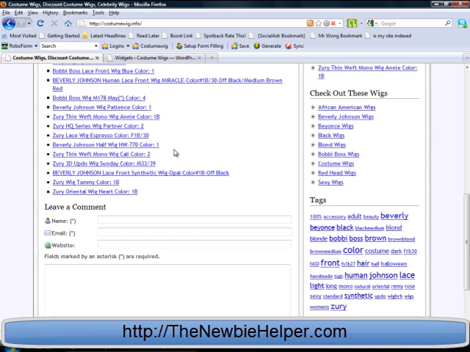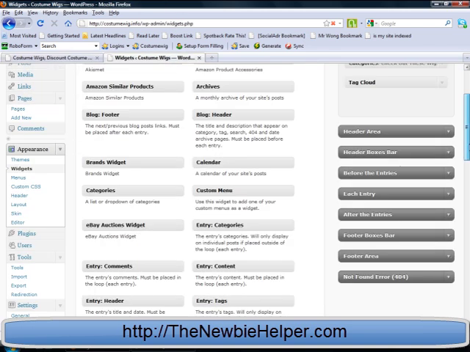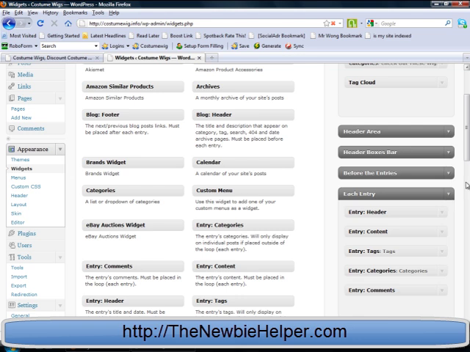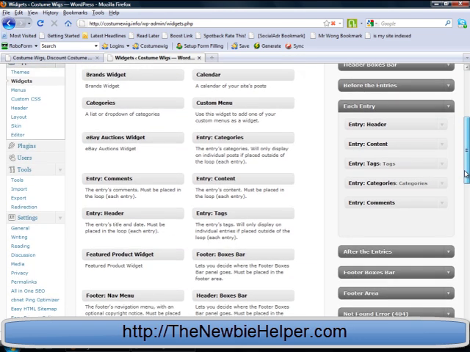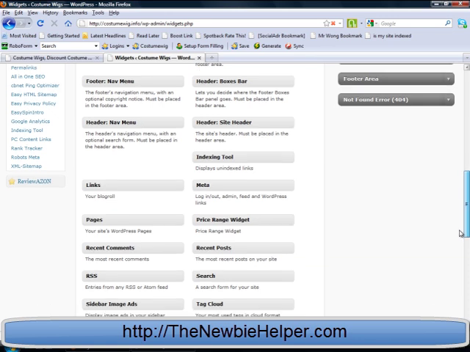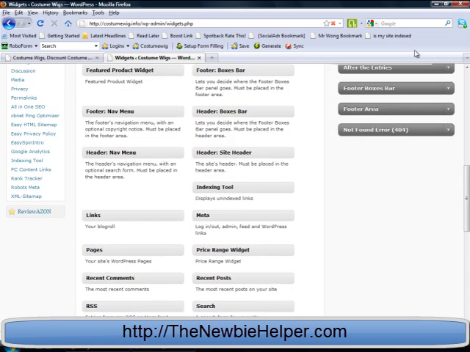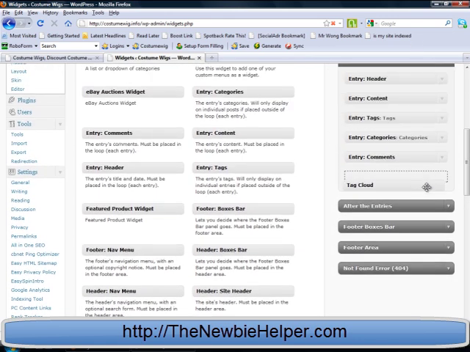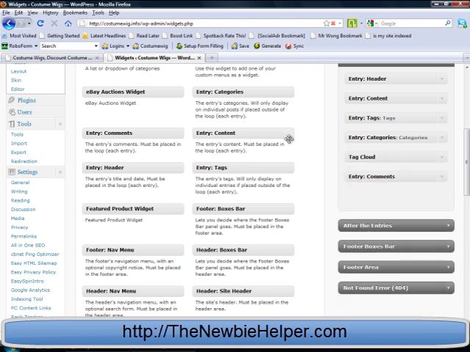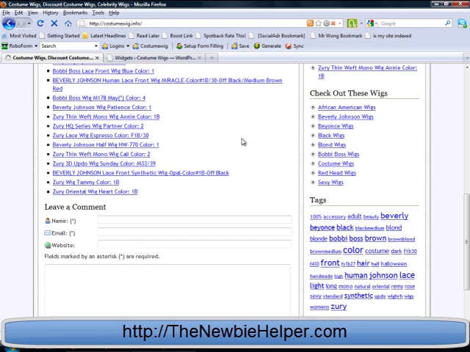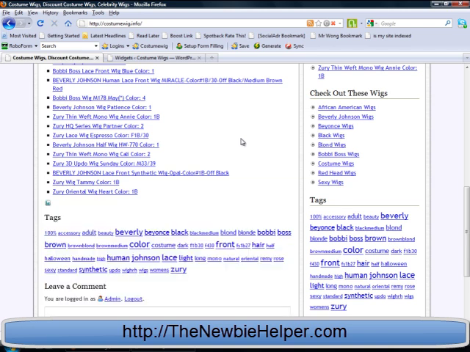Now, what the site had was a tag cloud after each entry. So what you would do is something like that, and then you would get the tag cloud turn up at the bottom of the page.